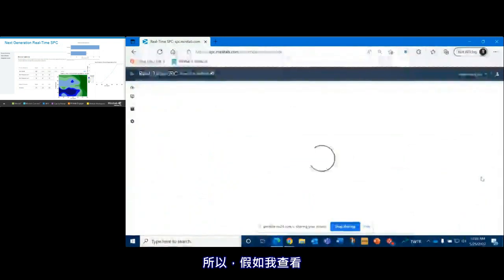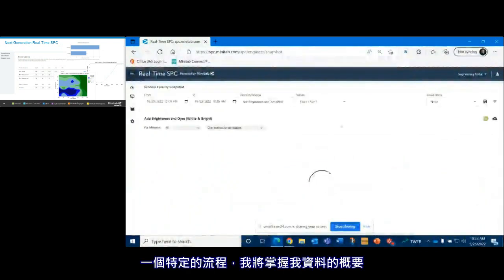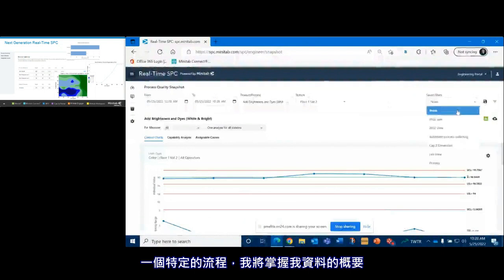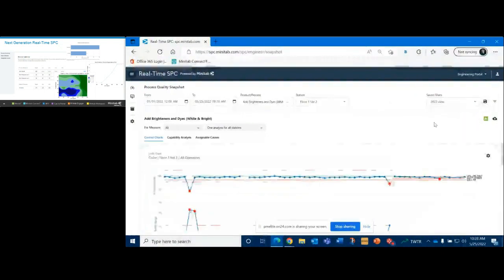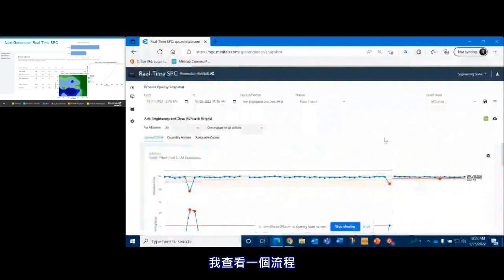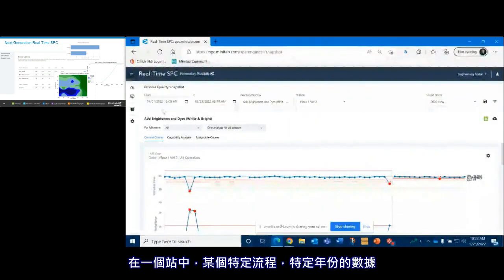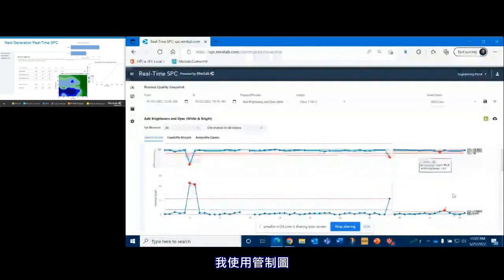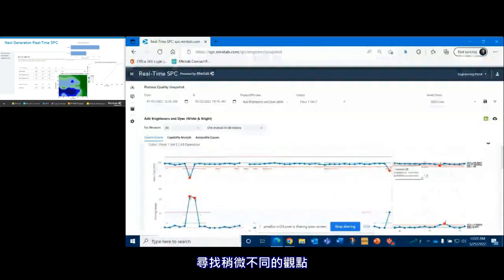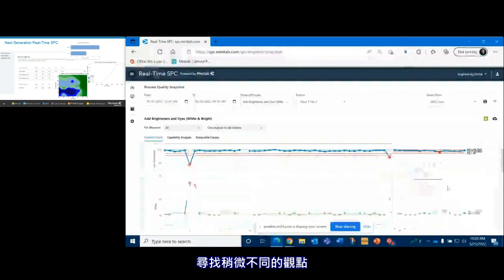If I look at a specific process here, I'm going to look at a full view of my data. Here I'm looking at the data from the year for a specific process within a station, and I can look at things like the control chart, a slightly different view of it.